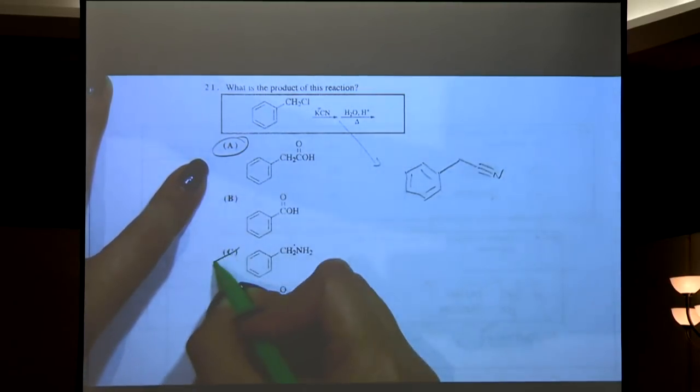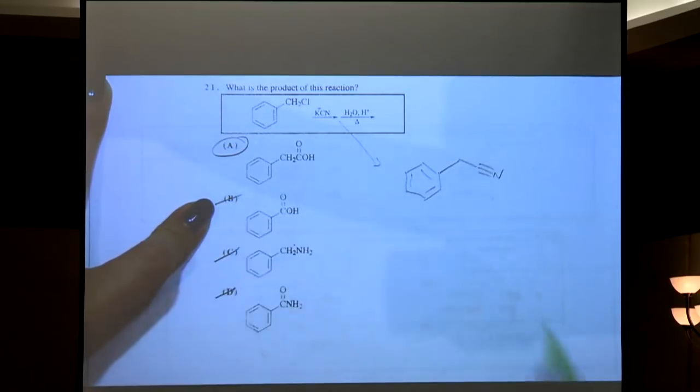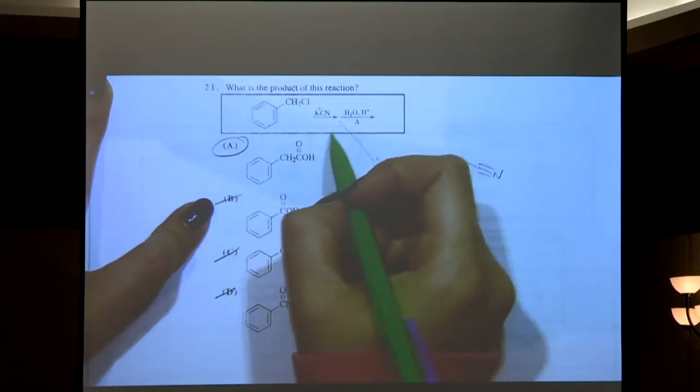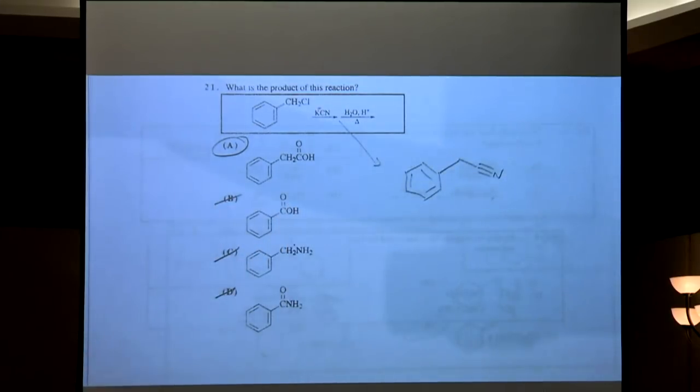This one doesn't make sense. This one is missing a carbon. Say that again? Yeah, when you do hydrolysis on a nitrile group, you always get a carboxylic acid. There's a full mechanism for it. If you want to see it, you can take a picture. I have it written. It's just long. I don't think we have time.